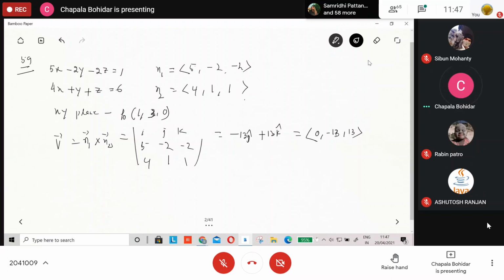Which point? 1, 3, 0 is not satisfying. You got that point, and you are saying it is not satisfying? Ma'am, I found 1 comma 2 comma 0. You found 1, 2. Yes. But Sibun said 1 comma 3 comma 0, which is not satisfying the plane.